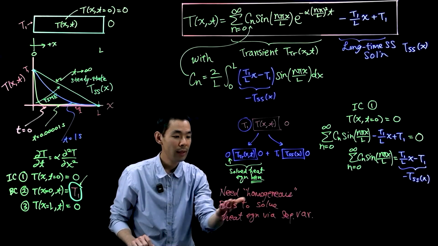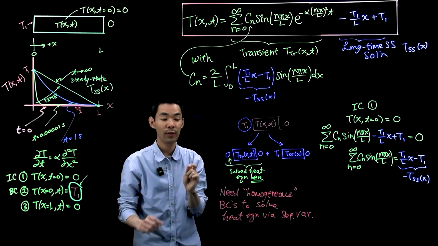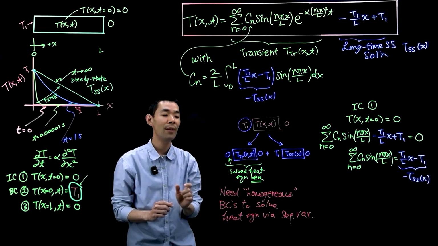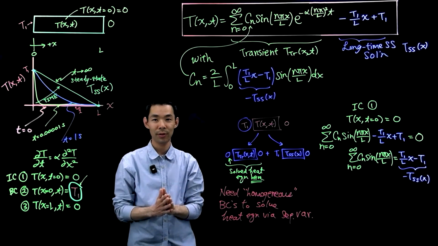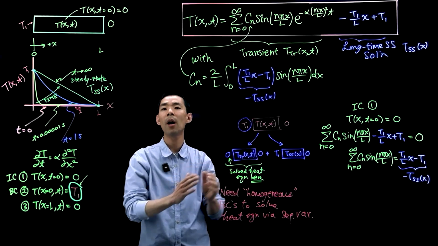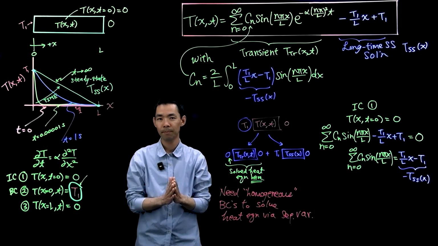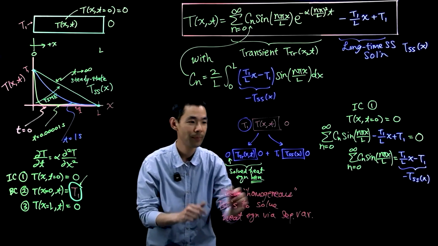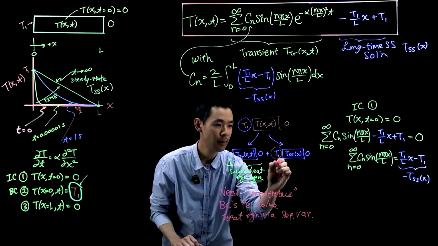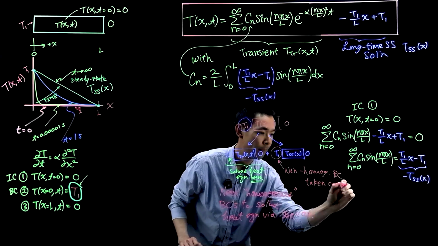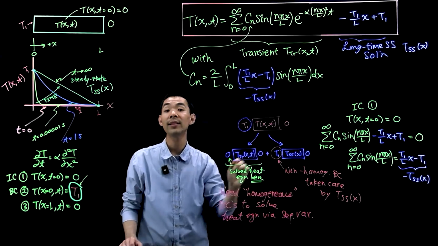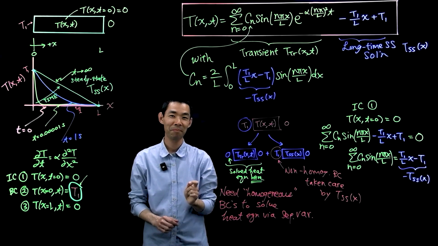So the heat equation can be solved using separation of variables in the Fourier series if you have homogeneous boundary conditions. In other words, 0 on both surfaces. The non-homogeneous part, which was this T1, was completely taken care of by the steady state temperature.